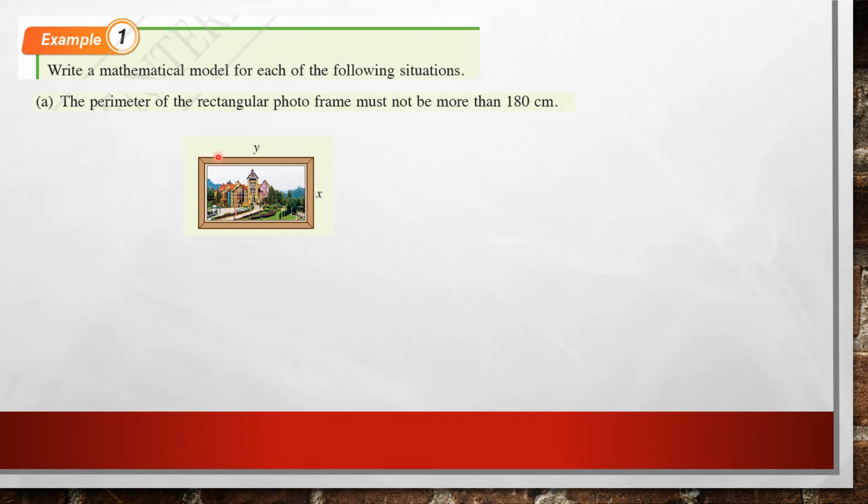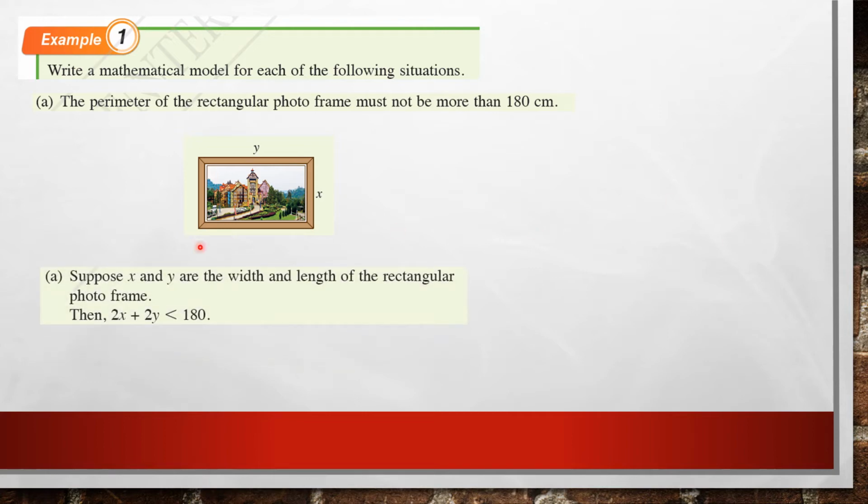That means the length and the width have different lengths. So how do we do it? Suppose x and y are the width and length of the rectangular photo frame. So x is the width, y is the length.